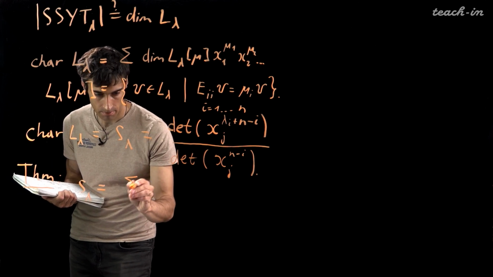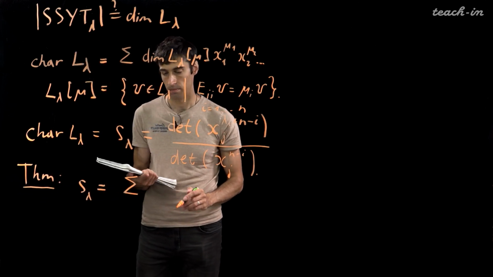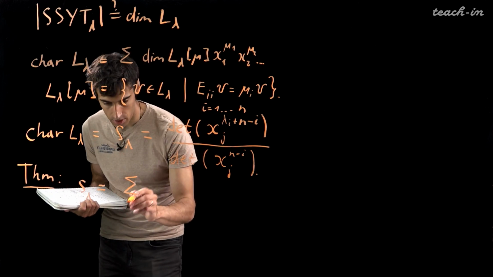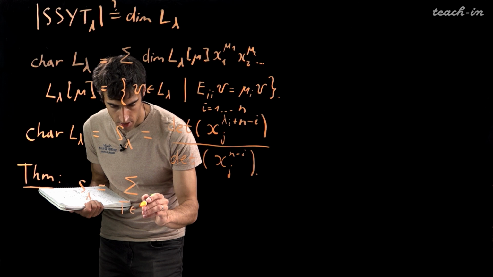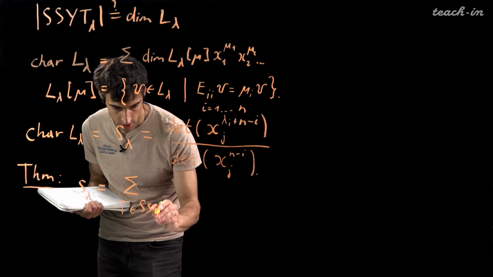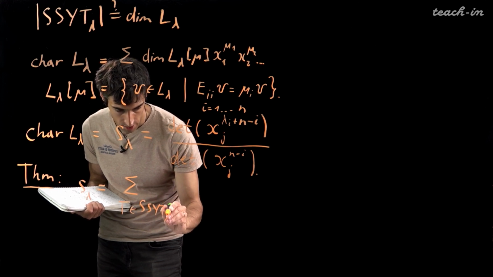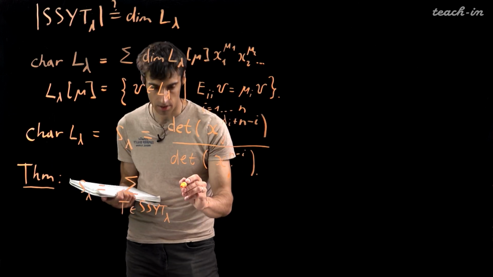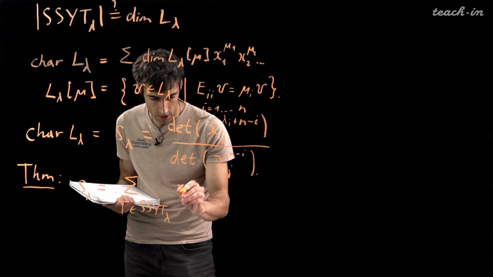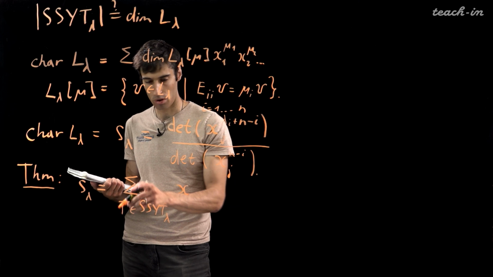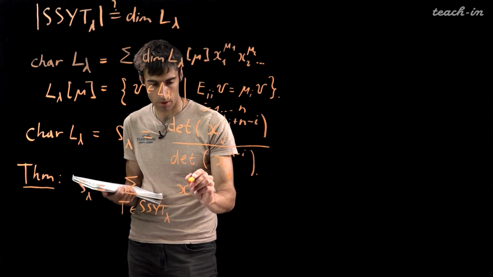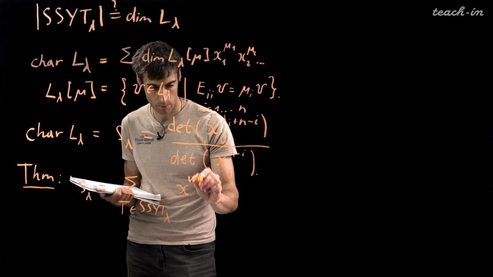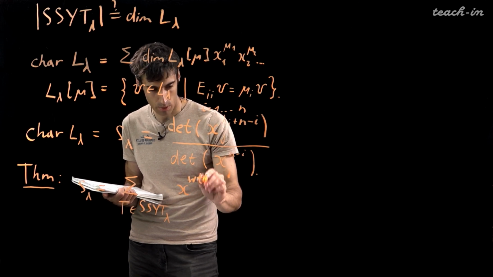It is a sum over T, which is a semi-standard Young tableau of shape lambda, of the terms x to the power weight of T. Let me write it, and then I explain what it is.